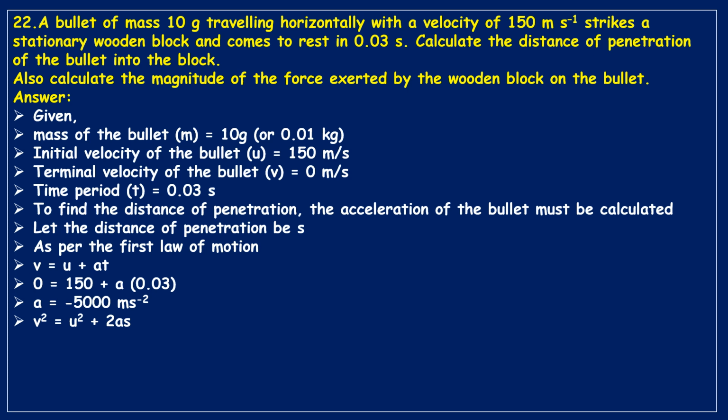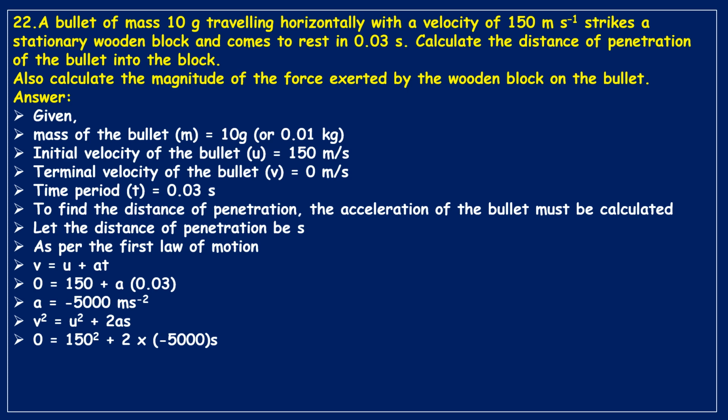One formula, first law of motion, to calculate acceleration, and the third one to calculate distance traveled. Here no time is required for this. So in first formula time is there. In second formula also we know that ut plus half at square, time is there. And third formula, there is no time mentioned, so we have to go for that one. Time is not required here actually.